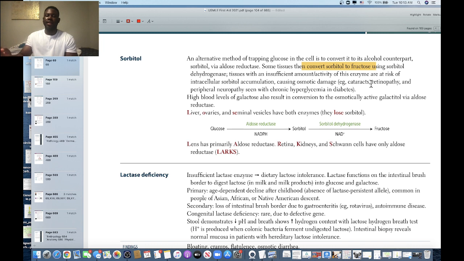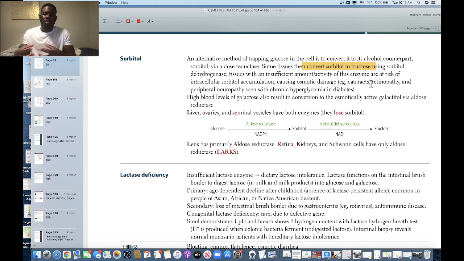Now, we know that when sorbitol accumulates in any cell, sorbitol is hydrophilic, so it draws a lot of water onto itself. For example, if somebody has diabetes, they have excess sugar in their body, right? So the sugar will be converted into sorbitol.